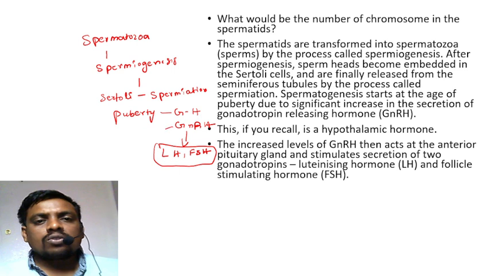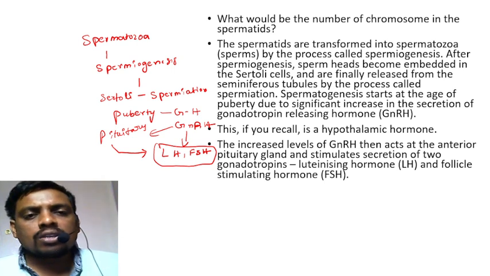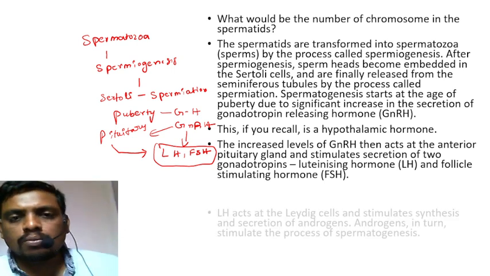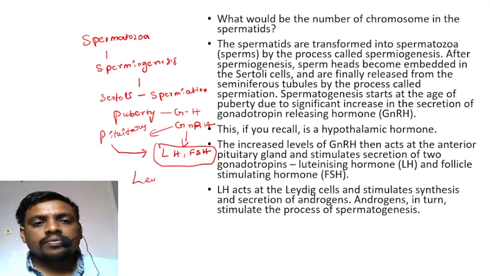This gonadotropin releasing hormone acts upon the pituitary gland, which is stimulated and produces 2 different gonadotropins called luteinizing hormone and follicle stimulating hormone. Luteinizing hormone acts upon the Leydig cells. Which cells? Leydig cells.